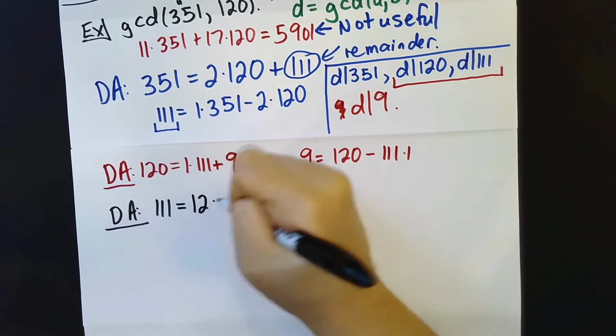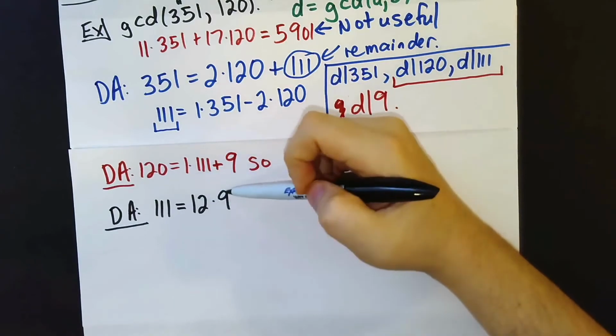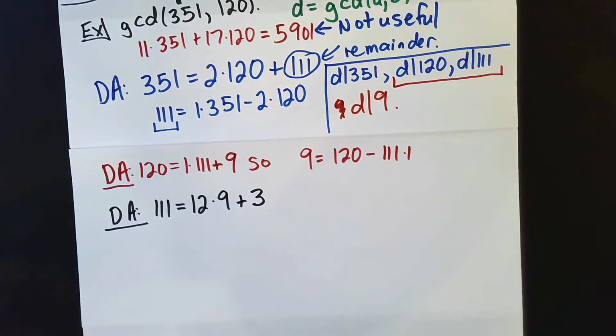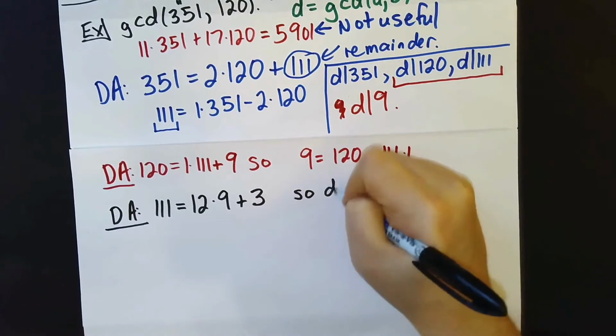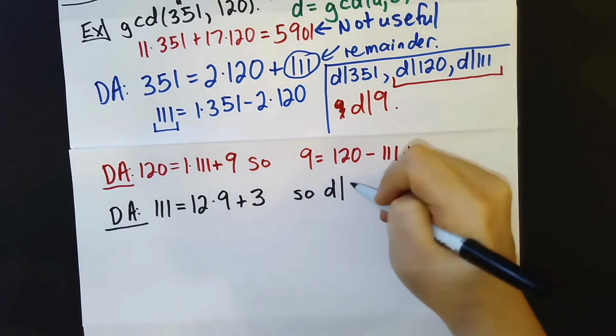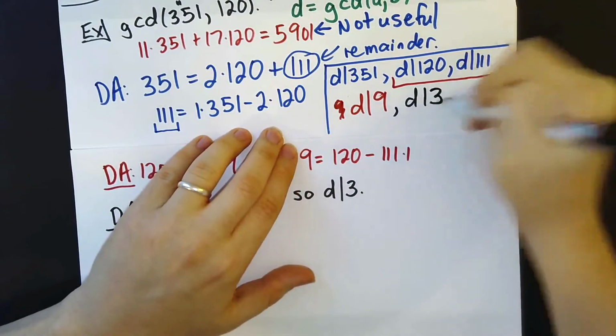And in fact, 9 goes into 111 12 times. And indeed, 12 times 9 is 108. So the remainder here is 3. And so remember, again, 3 now is a linear combination of 111 and 9, and our GCD divides both of those. So our GCD now also divides 3. And so we can add that to our fact bucket.